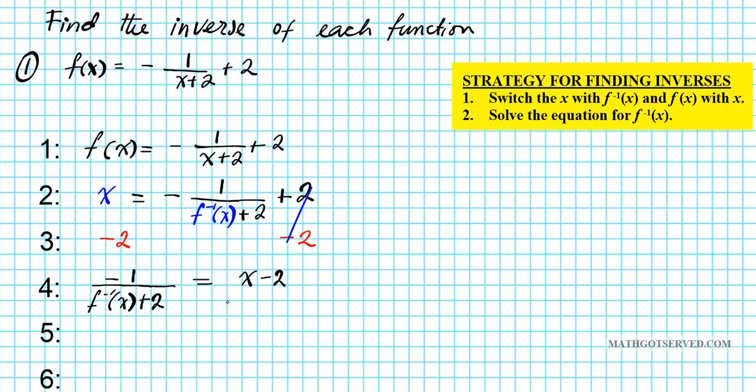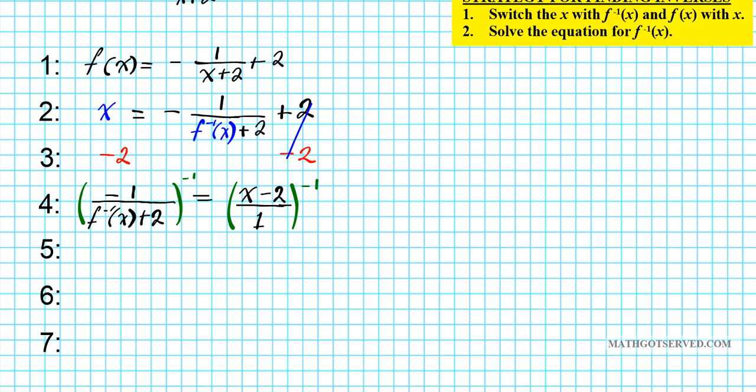Well, that's a problem. What I can do is cross multiply, or I can express both sides of my equation as a fraction, and then proceed to reciprocate both sides. So I can reciprocate this side of my equation and reciprocate this side of my equation also.